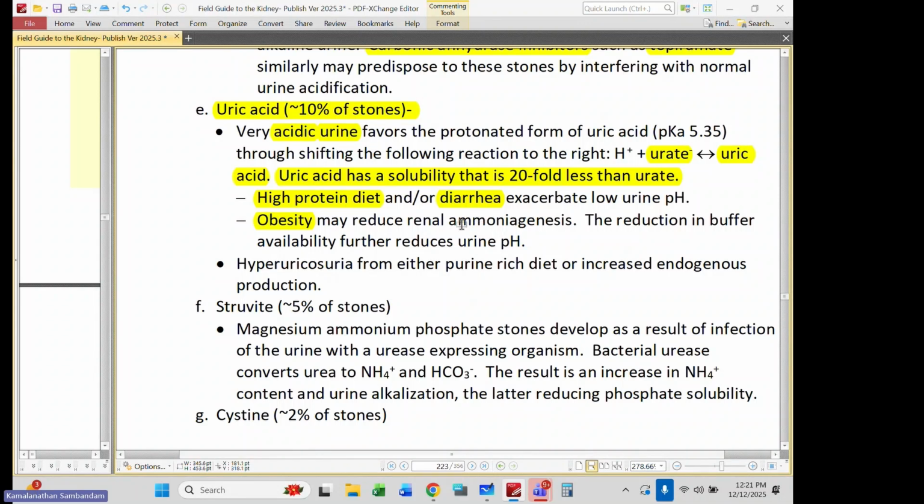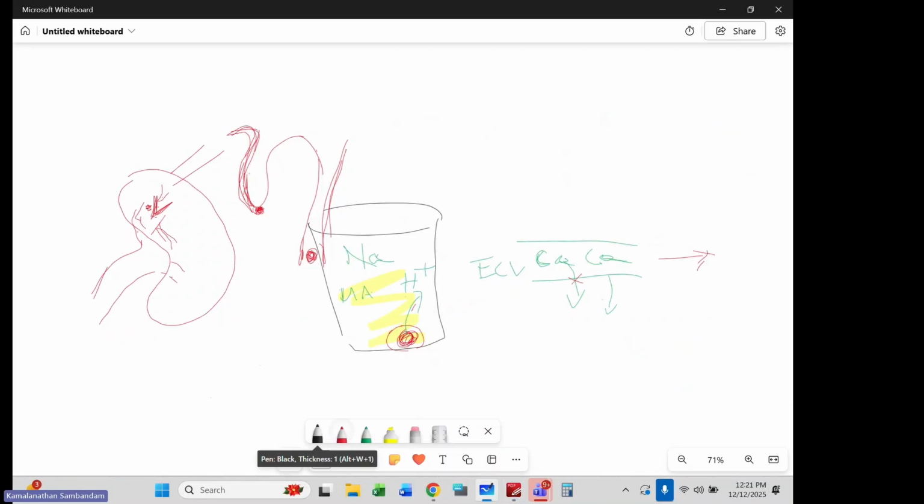Okay, why would reduced ammoniogenesis predispose to acidic urine? Right, so pH is a function of free proton concentration, right? The proton concentration is your determinant of pH. pH is a negative log base 10 transformation of proton concentration, right?